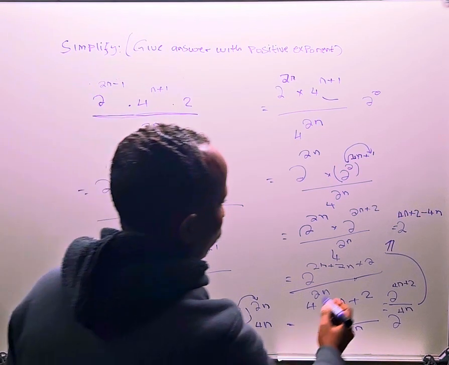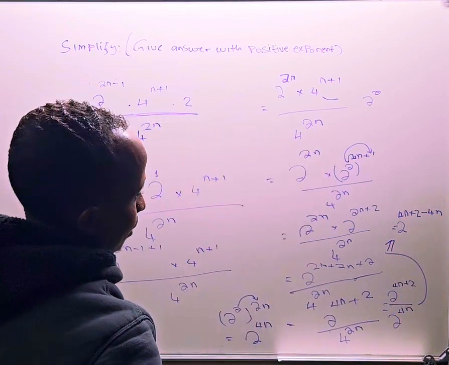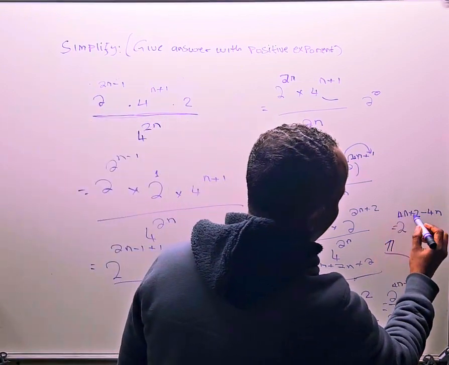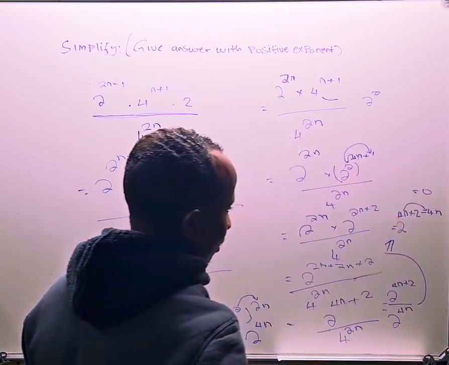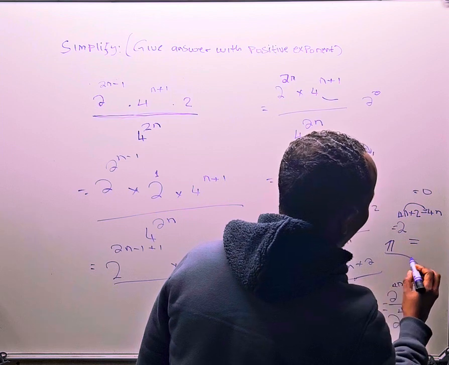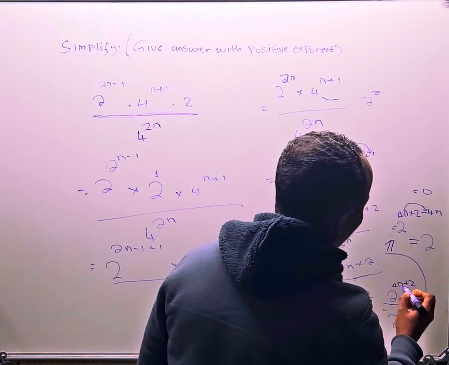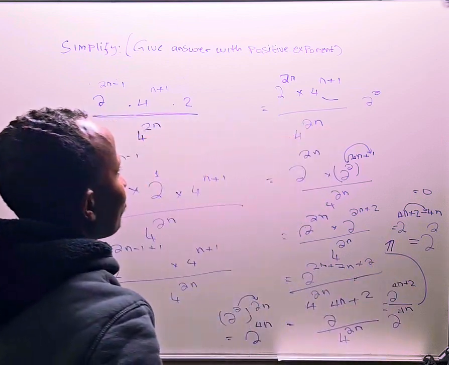So now, 4n plus 2 minus 4n. What is the answer? 4n minus 4n gives me just 0. I therefore need to write down the final answer of 2 to the power of 2.